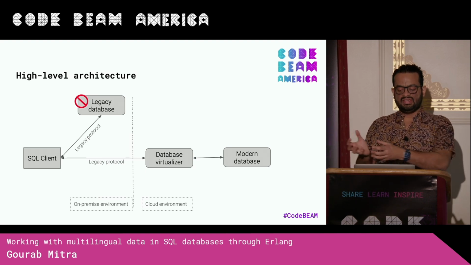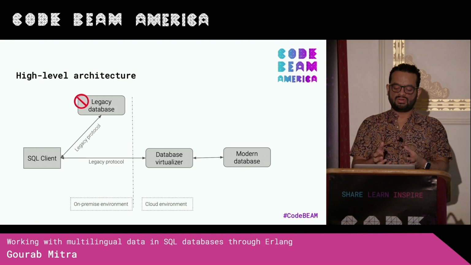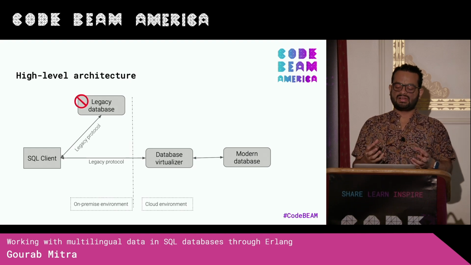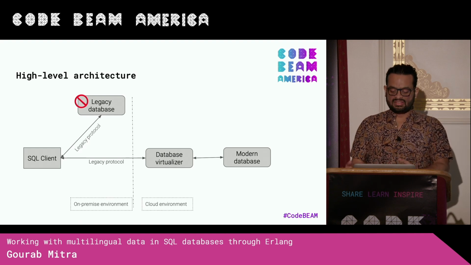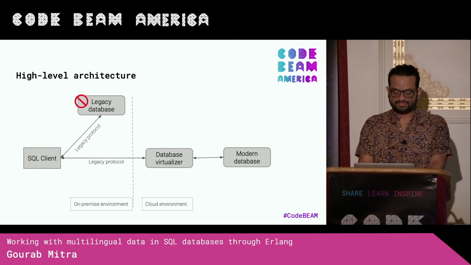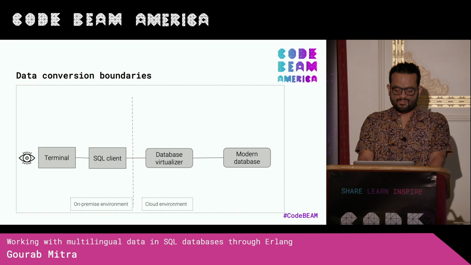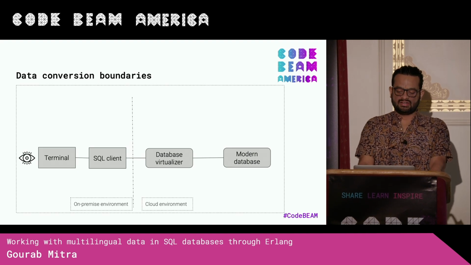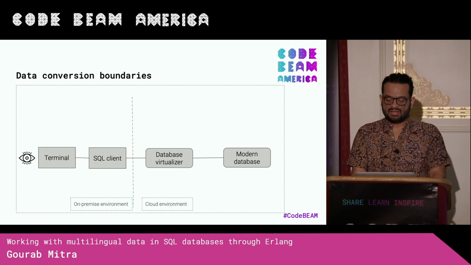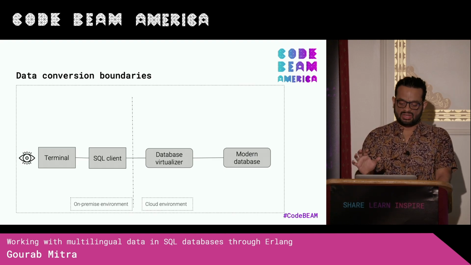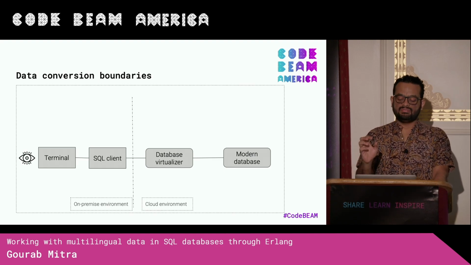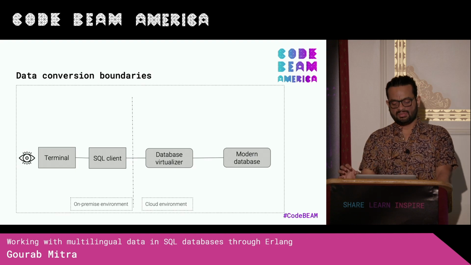When it receives results from the modern database, it repackages the results in the format the legacy SQL client is expecting and returns it. If you strip away the details here, this is what the set of components in the system look like. The virtualization layer sits in between the SQL client and the database.